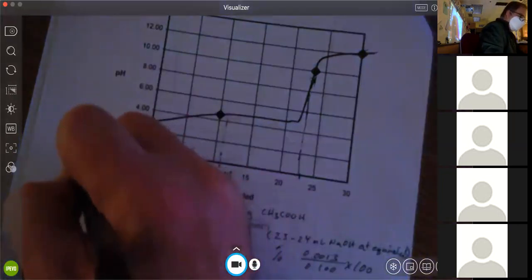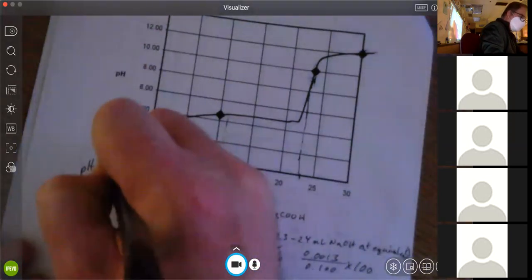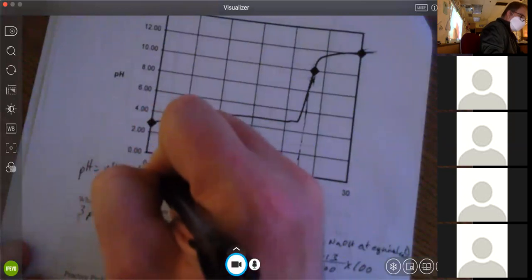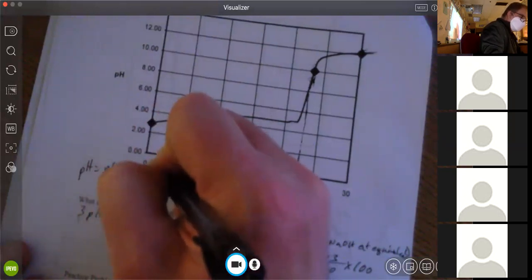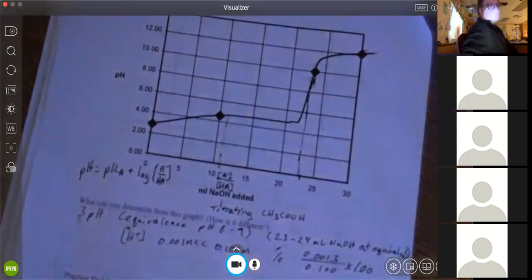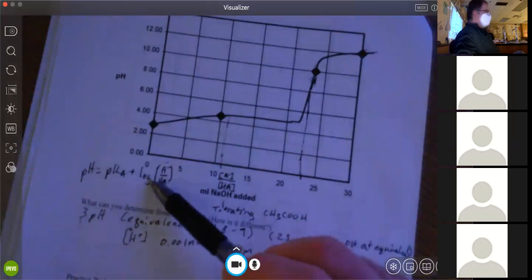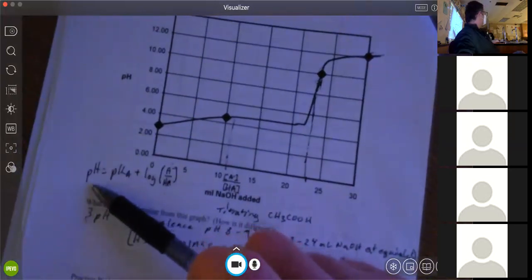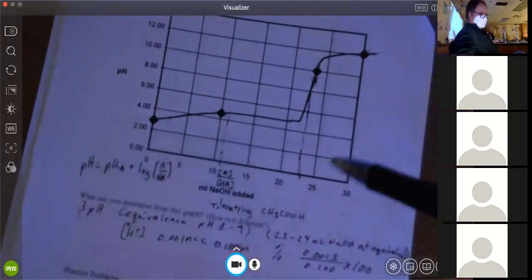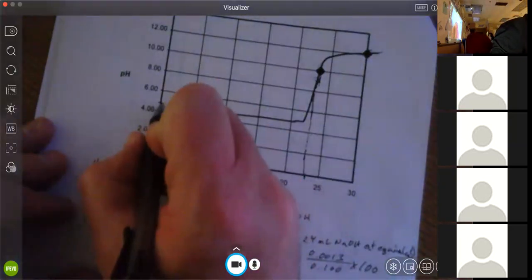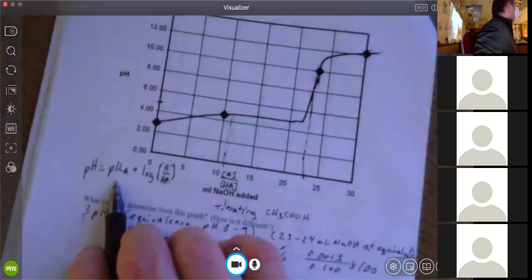And we know Henderson-Hasselbalch is pH equals pKa plus the log of A- over HA. So if this is 1, then log of 1 is 0. pKa equals pH. So at the middle point of this right here, if we find the pH, that will equal the pKa.